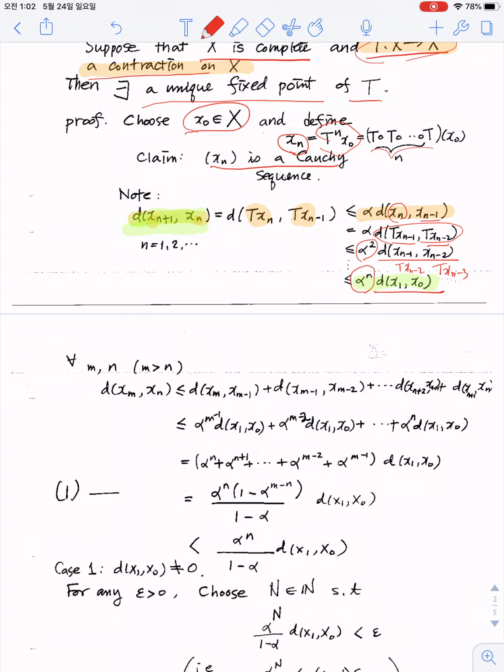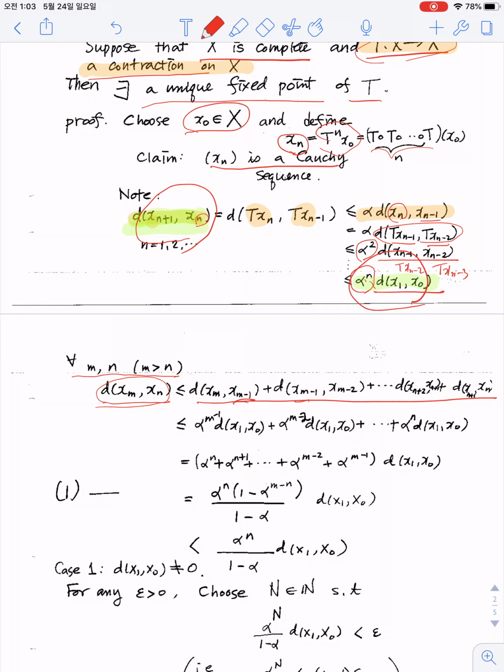And using this, for every m and n, suppose m is greater than n, the distance between xm and xn, and then using the triangle inequality, you add this part, and you apply this property, alpha to the n-1, following the index here.